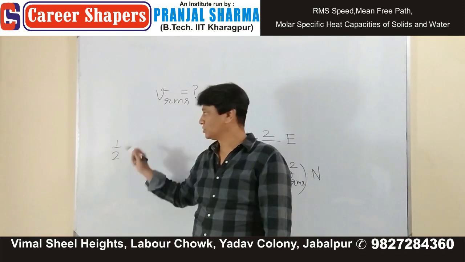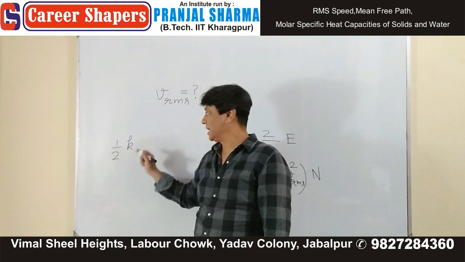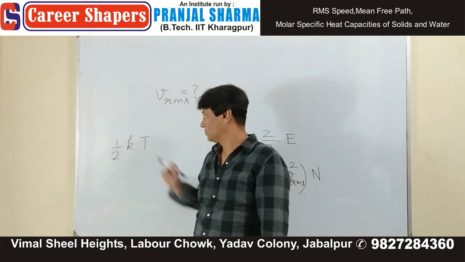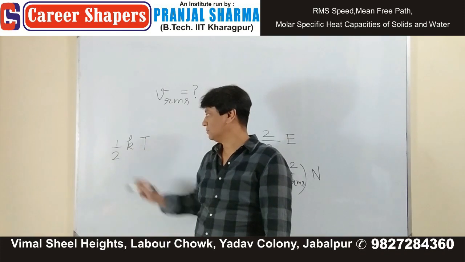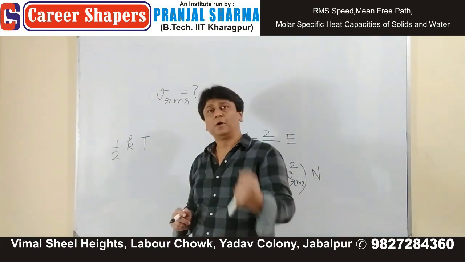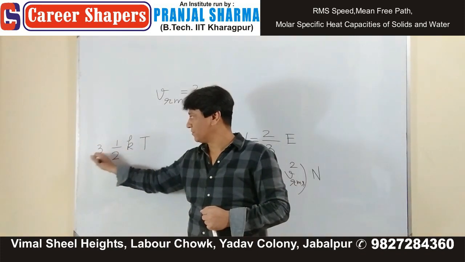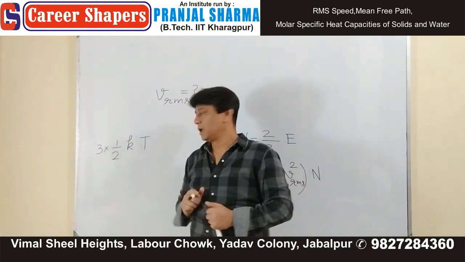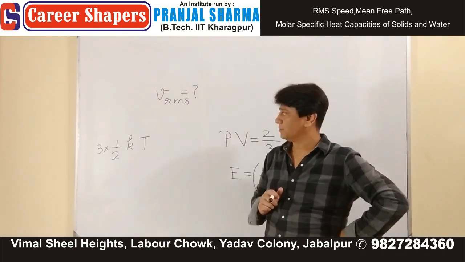But we also say that energy per degree of freedom is half kT. This k is Boltzmann's constant. For a monatomic system, there are 3 degrees of freedom, and therefore energy is 3 by 2 kT.